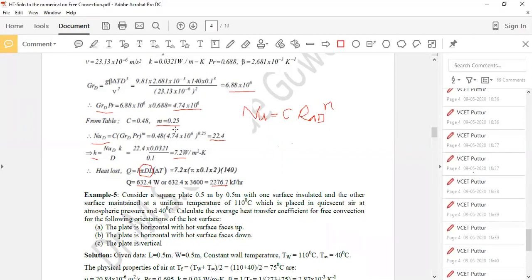The suffix L represents that these values are calculated based on the characteristic length of height or vertical height of the plate or cylinder and so on and so forth. And if they give Gr_D, similarly Nu_D, suffix D means these values are based on the characteristic length diameter. So this you should very clearly understand so that there won't be any doubt in this.